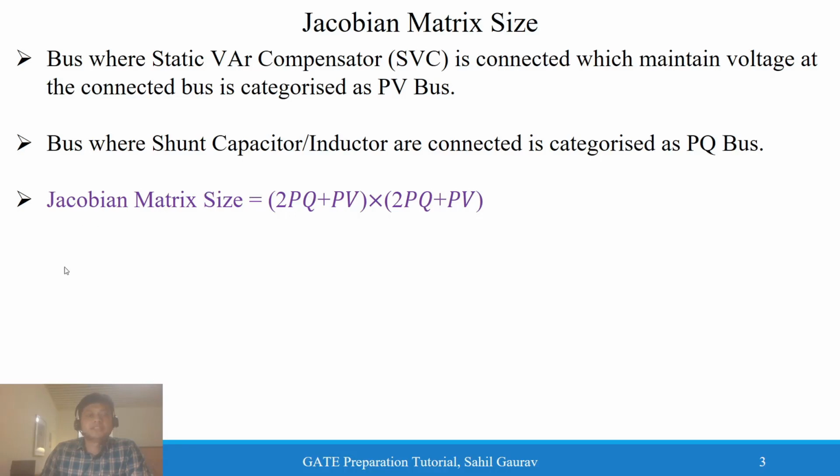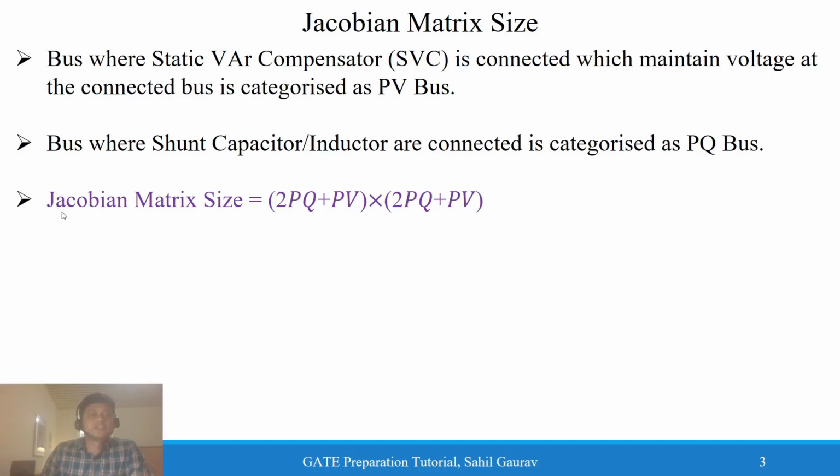One thing I forgot to mention: if a reactive power violation occurs at a PV bus, then that PV bus is converted to a PQ bus. So the number of PQ buses and PV buses increases or decreases correspondingly.